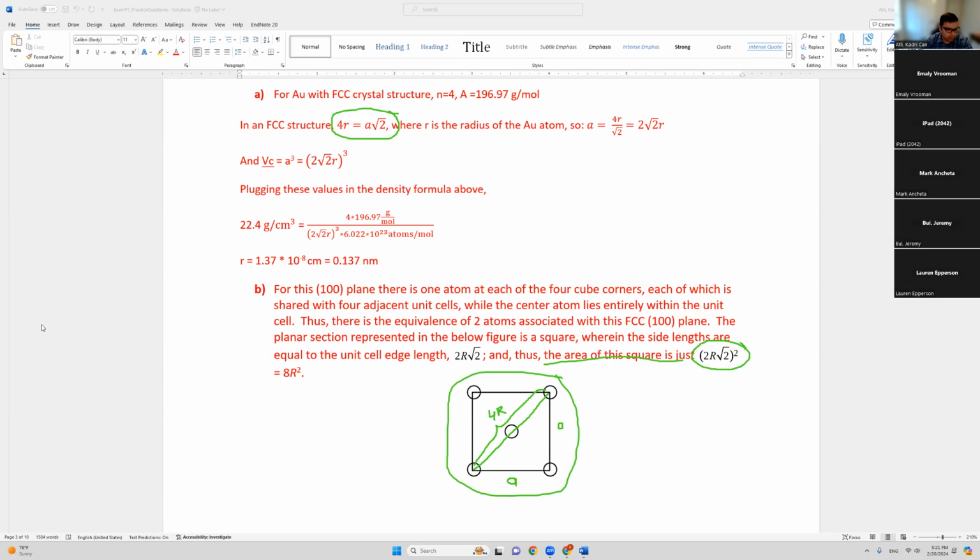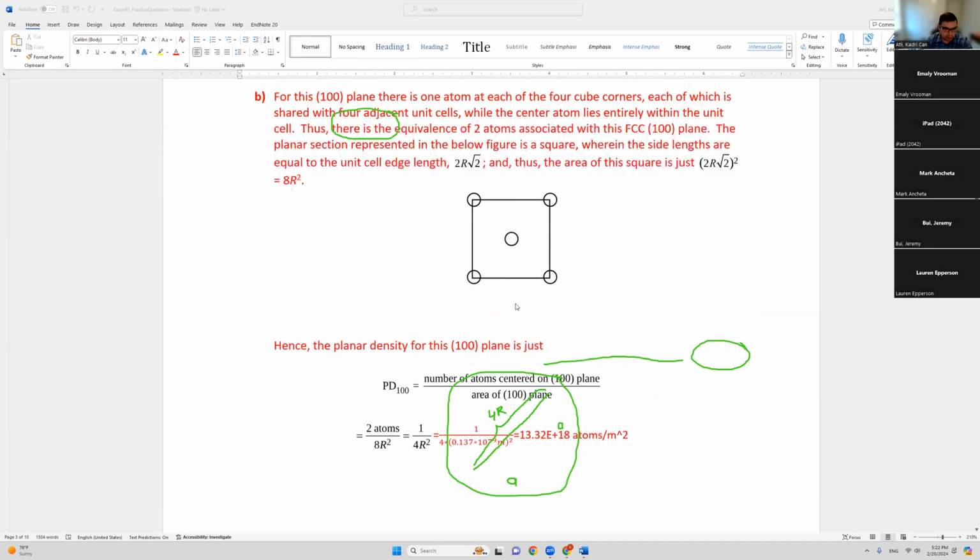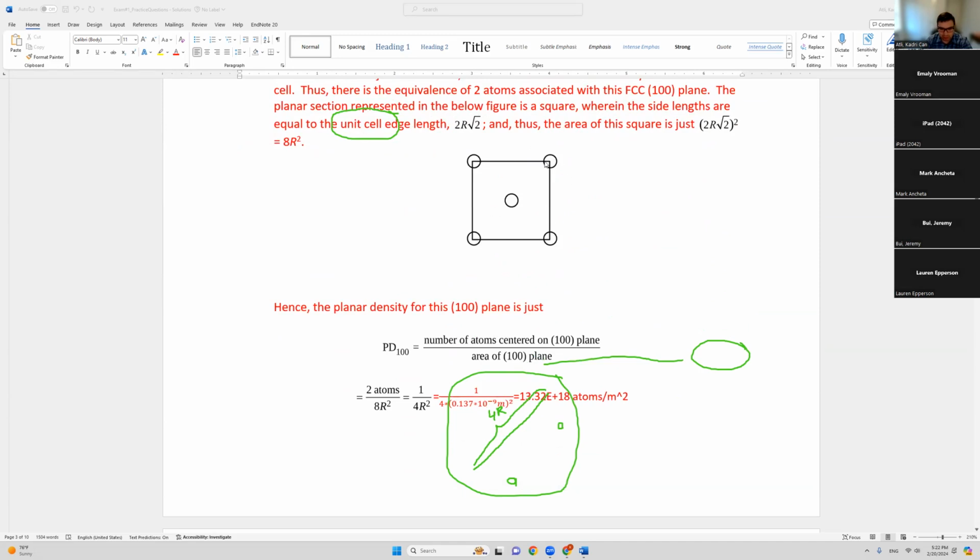All right. So what is the planar density? Planar density, by definition, is the number of atoms on the given plane, which is the 1, 0, 0 plane, divided by the area of that plane. So how many atoms do we have on this 1, 0, 0 plane? You may answer, I see 5 atoms, but it's not 5 atoms, because these corner atoms each contribute 1 quarter, okay? So I have 4 of these atoms, 4 times 1 over 4.